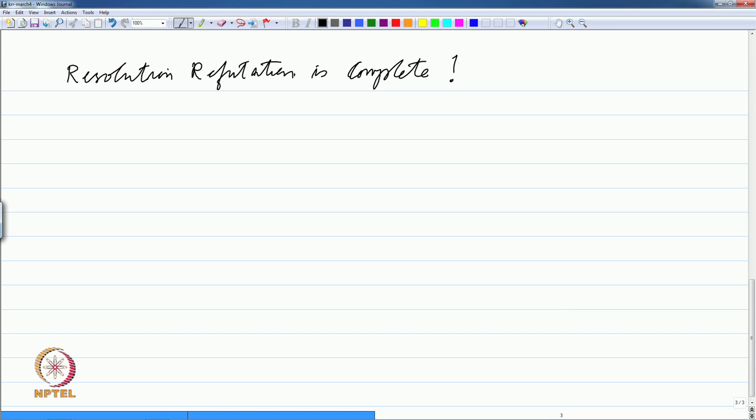So, just to highlight this fact, let me work with these 2 examples to start with, and then we will revisit the algorithm in a little bit more detail essentially.